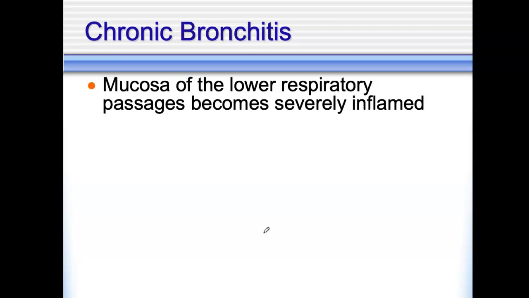In chronic bronchitis, the mucosa of the lower respiratory passages become inflamed. You have too much mucus. So if you're releasing too much mucus and there is inflammation, what's going to happen is there's a narrowing of that airway.